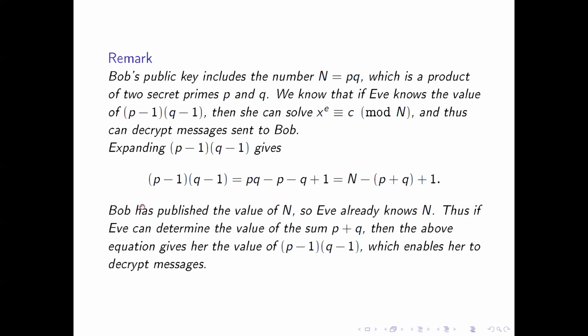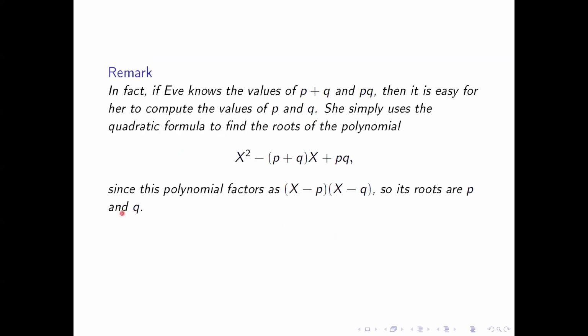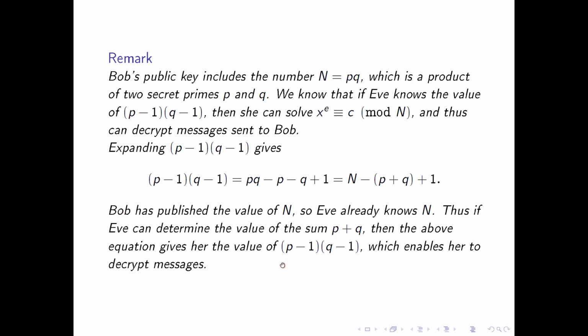So the interesting part is Bob is putting out n. So if Eve can figure out what p plus q is without knowing what p is, then it gives her the ability to find that. But the reality is, if she knows what p plus q is, then she actually knows the p minus 1, q minus 1 product that we're trying to find, because she knows n and she knows 1. So this is not that hard to calculate.